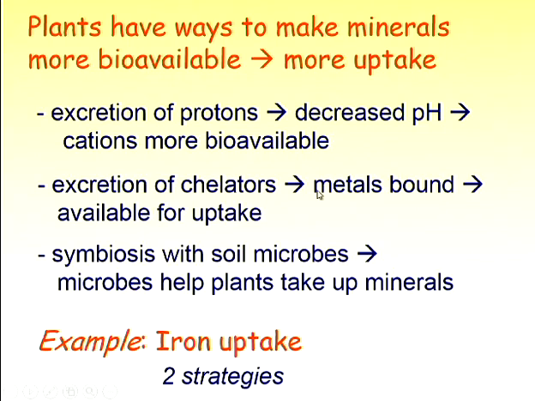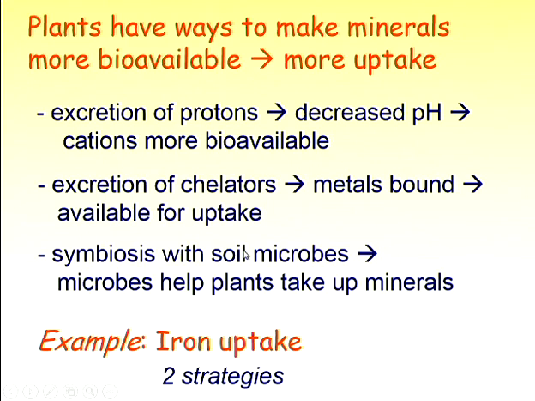And as an example, I'm going to show you some examples of iron uptake, which is particularly unbioavailable. So you need a strategy to take up iron, otherwise you're not going to get enough as a plant. And plants actually do all three of these things to take up iron.